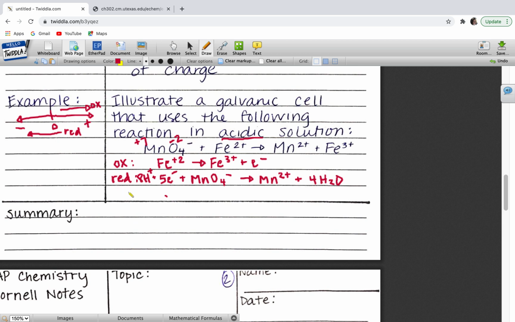So let's go ahead and draw it out. I'm going to do the porous disc one just because it takes up less room.